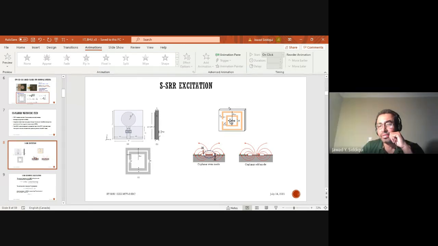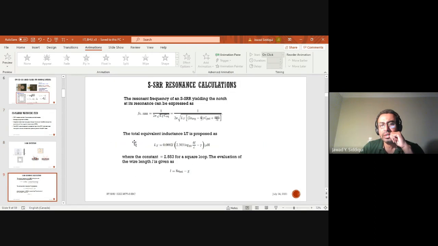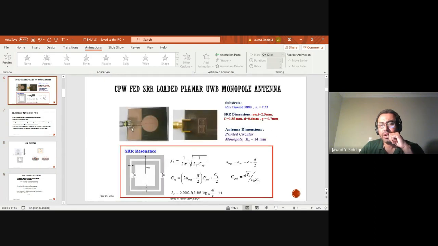So this axis of the SRR should be just at the bottom of this slot. So you have the coplanar waveguide, you have the slot, you have the slot lines, right? You have the signal line, ground plane, and the slot line. The SRR axis, the center of this SRR, should be aligned to the slots.